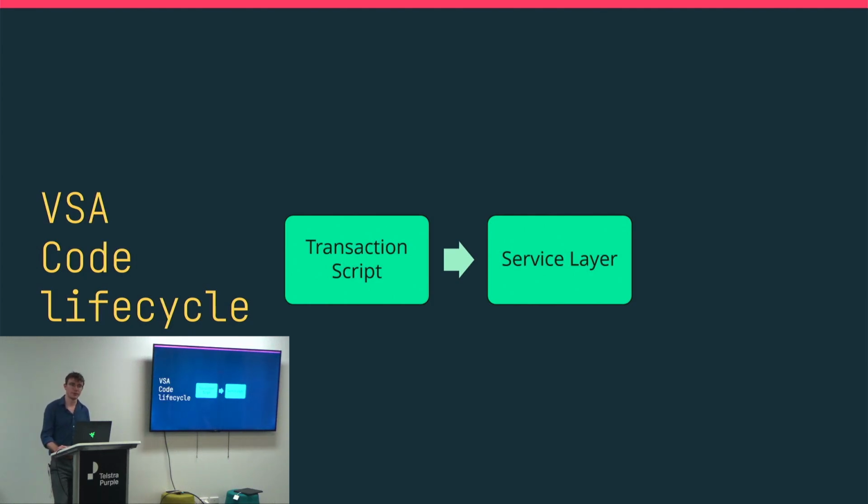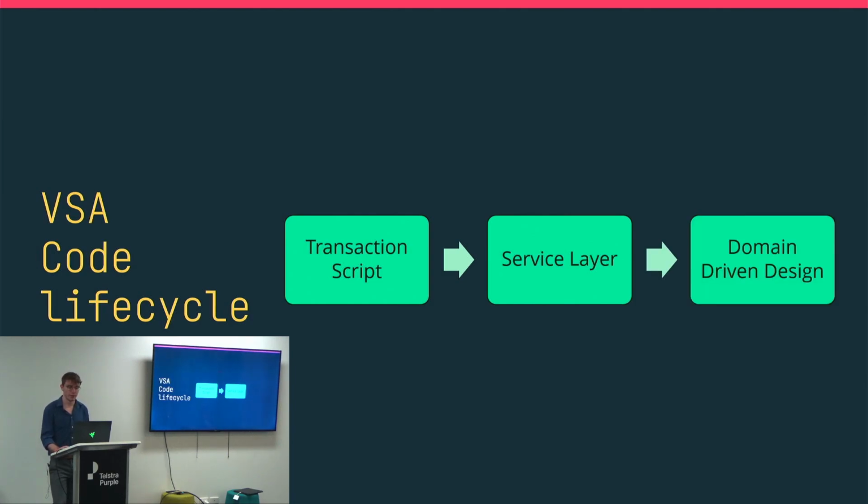But once you start reusing logic more and more, even more than a service layer, you start to get into that domain-driven design land where your entities have logic and are pure, and you go down that route. Now in this talk, I'm not going to do anything domain-driven design related. There are lots of talks and resources out there. But you can reuse code with a service and lots of things use that, but then you can go even further and go into the whole DDD land.